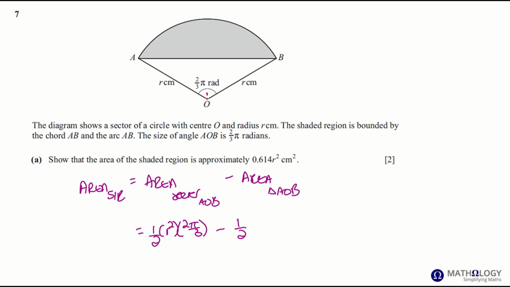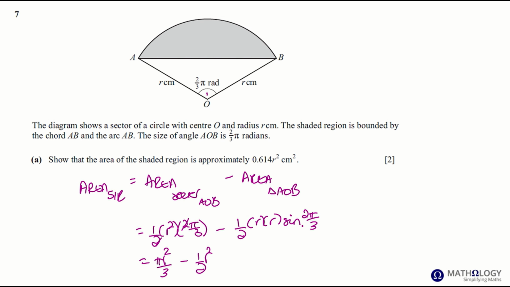To get the area of triangle AOB, we're going to use the area rule, so it's going to be a half r times r sine of the included angle, which is 2 pi by 3. So that will equal, those 2's will cancel, pi r squared over 3 minus a half r squared sine 2 pi by 3. 2 pi by 3 is in degrees 120 degrees.